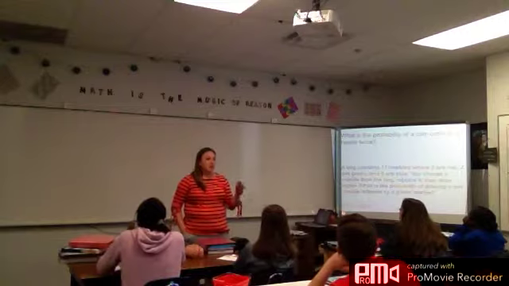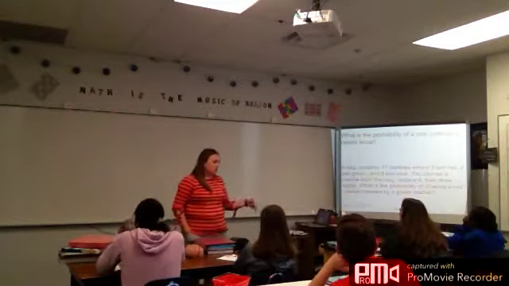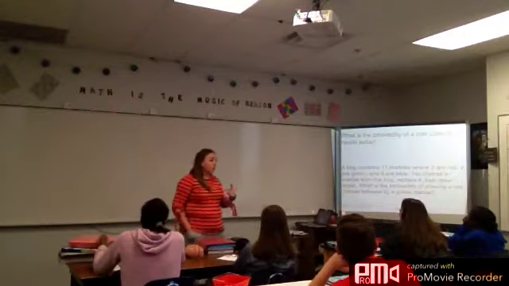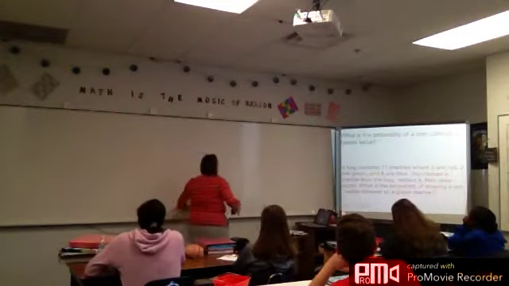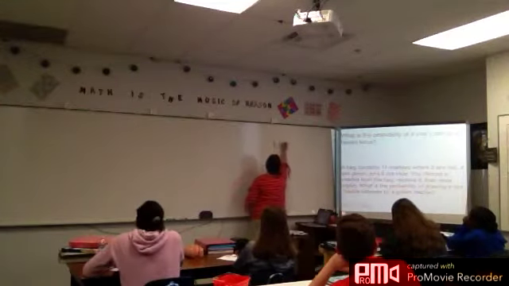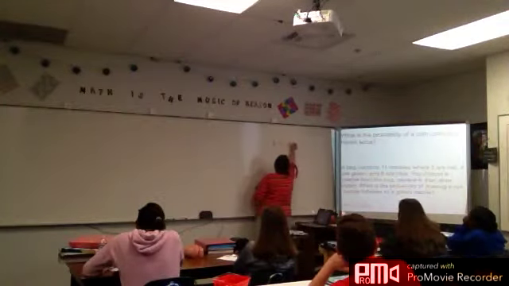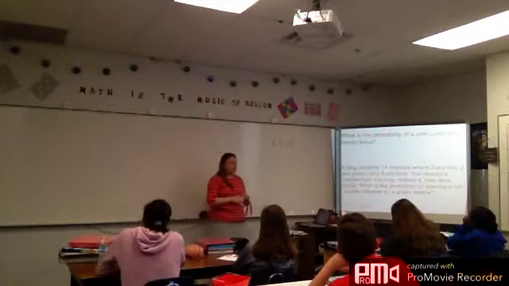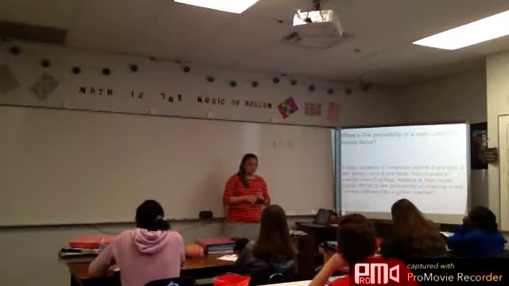When you flip a coin again, you still have a 50% chance. So you take 1/2 times 1/2. What do you get? 1/4. So the probability of flipping a coin and having heads twice is a 25% chance.